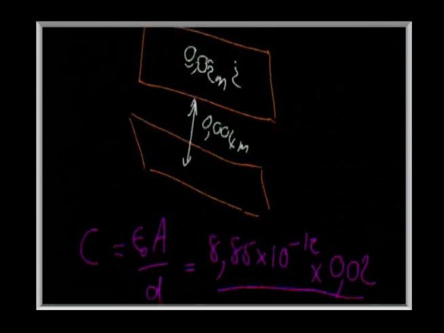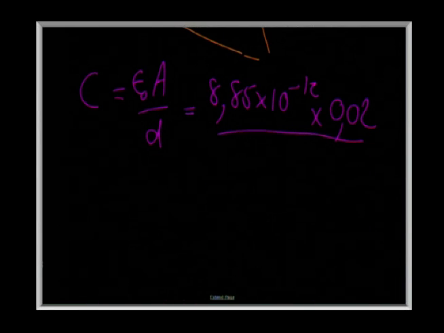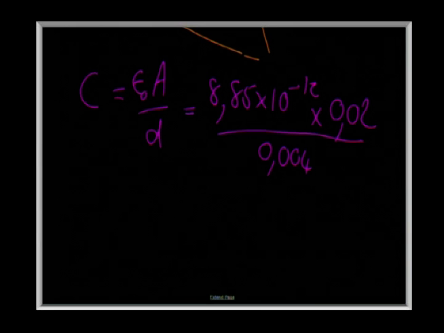Now, what was the distance? It was, there we go, 0,004 meters. And notice in this case, this one is not squared. Check that your units are correct. We've got that all sorted. And now let's use the calculator.